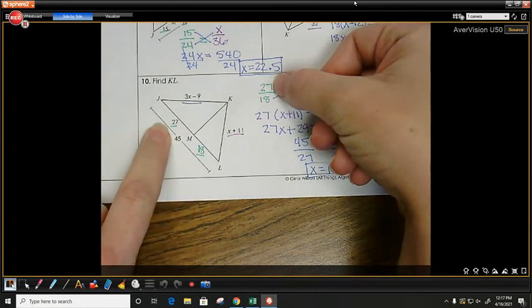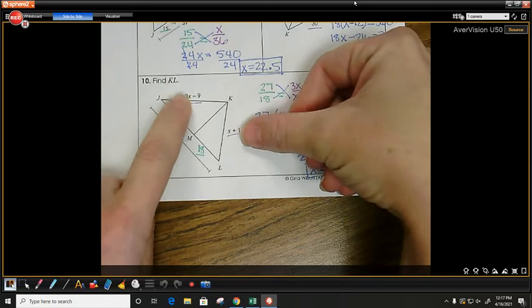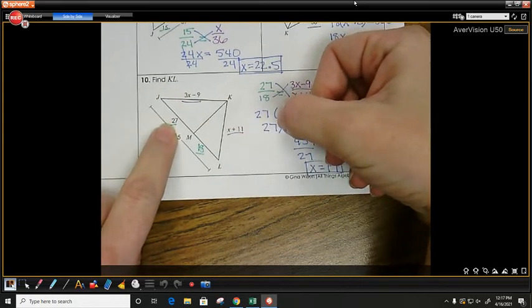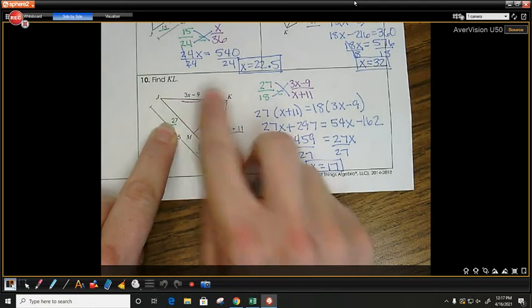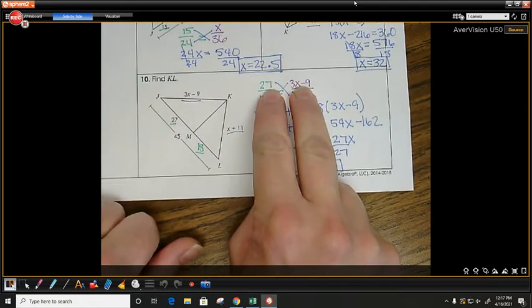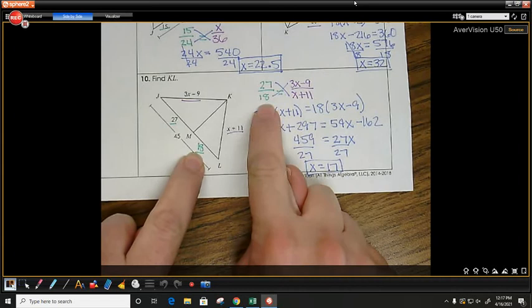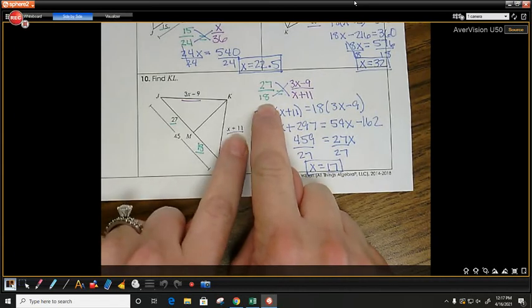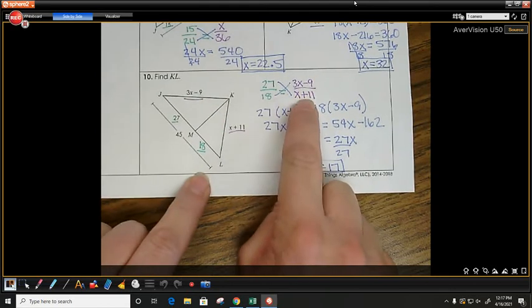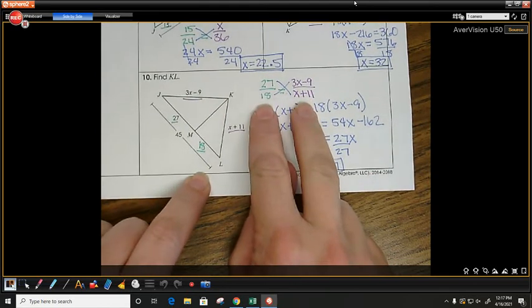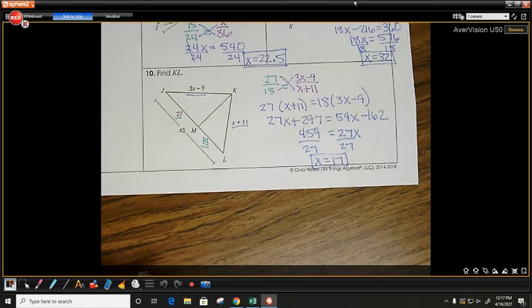So how do I know which of these to pick? Well, the 27 is in the same triangle as the 3x minus 9. That's why those are both in the numerator. Then the 18 is in the denominator, and the side that's in that triangle as well is the x plus 11. So that's why those both go in the denominator. That's how you know you're setting up your proportions correctly.